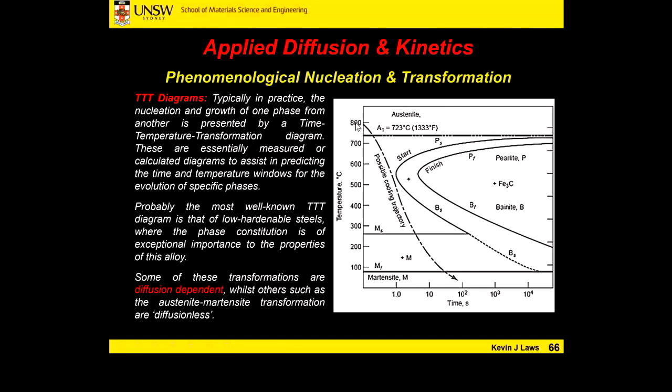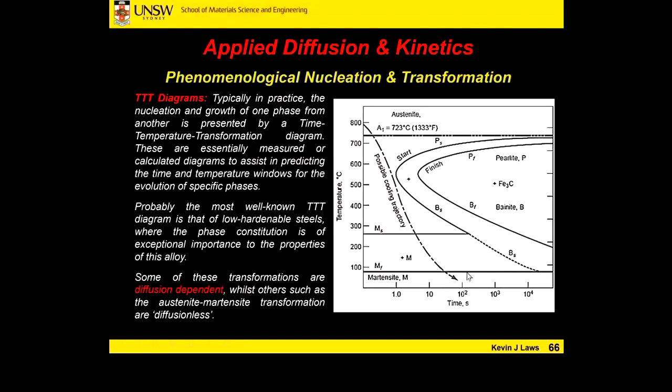So what happens is if we cool this down fast enough, we retain this austenite structure all the way down to room temperature. We might get to a critical point where austenite must transform into, say, martensite. And if we keep cooling fast enough, we retain that martensite at room temperature. So the entire structure of our steel is now martensite.